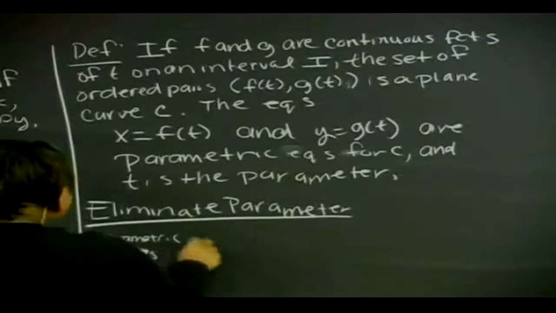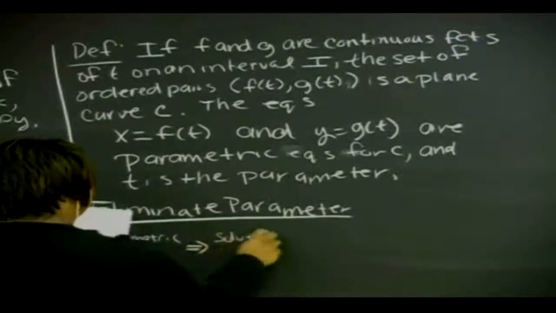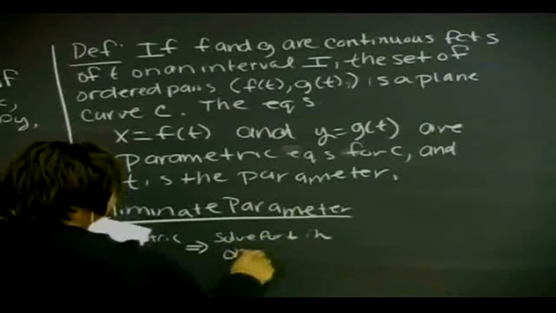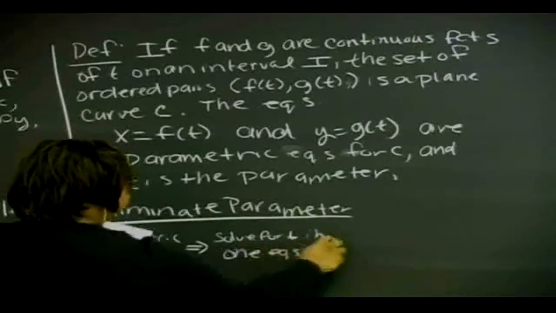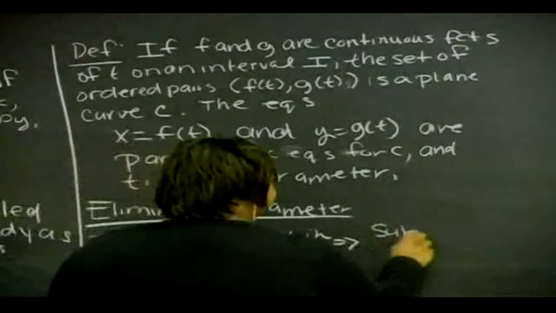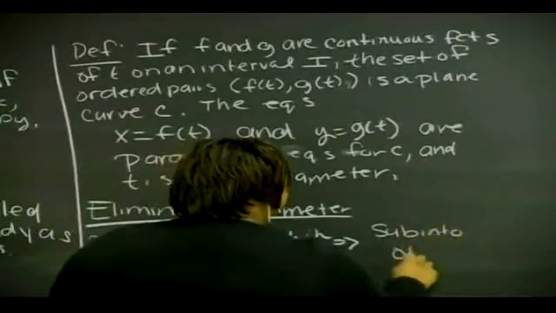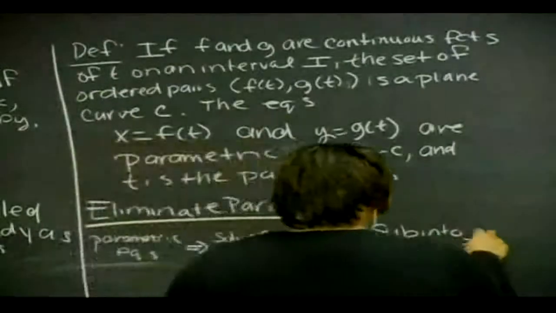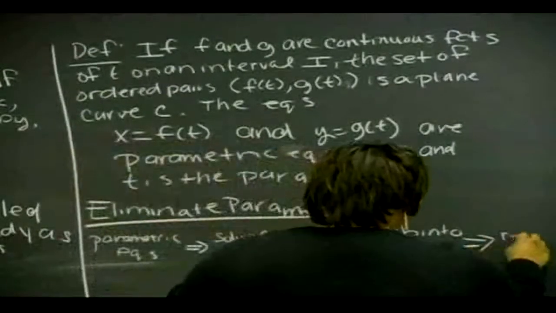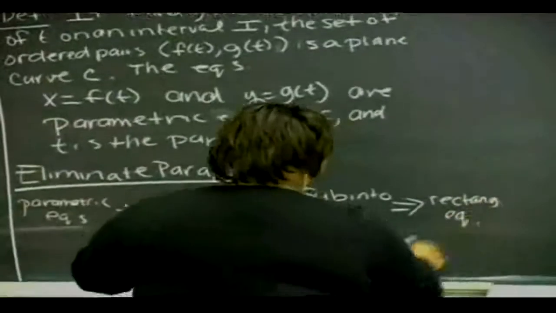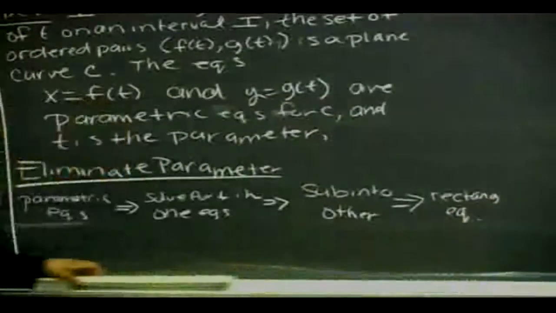And then we're going to solve for t in one of the equations. And then we're going to substitute into the other equation. And this is going to give us one rectangular equation. And this is what we're going to do today.